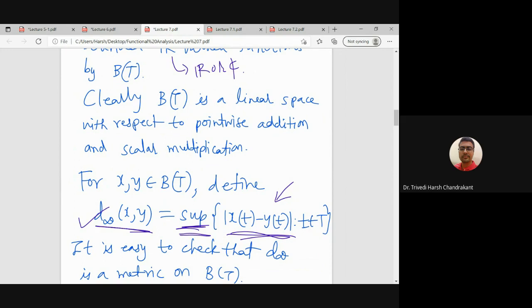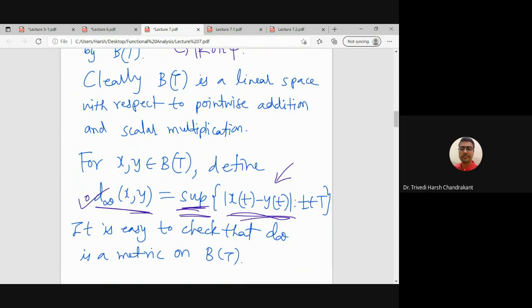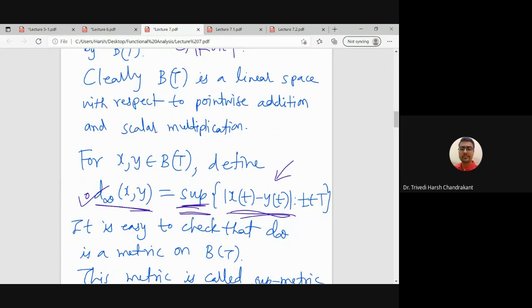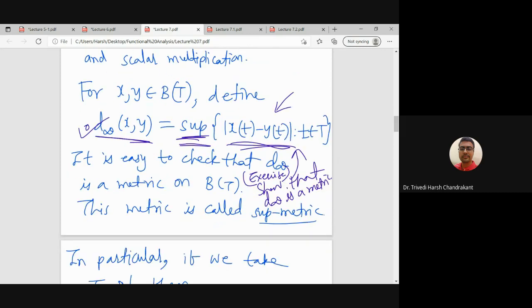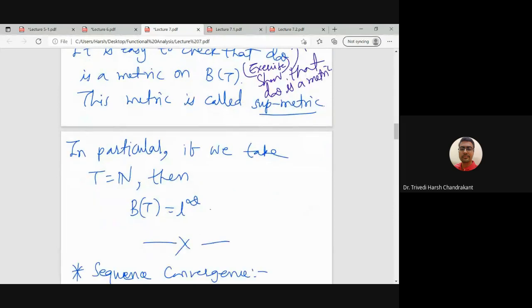So we just need to modify this definition and idea here, and we can easily show that it satisfies the triangular inequality also. You can try this as an exercise: show that d infinity is a metric. It might also be given explicitly in some book, so if you find any problem, you can refer to a book.